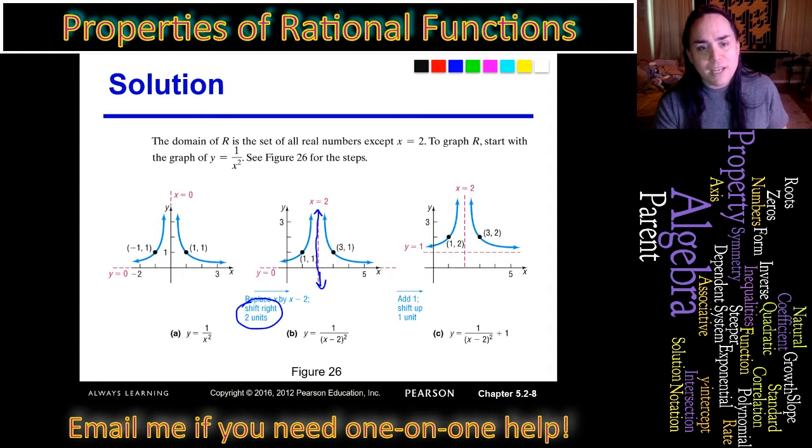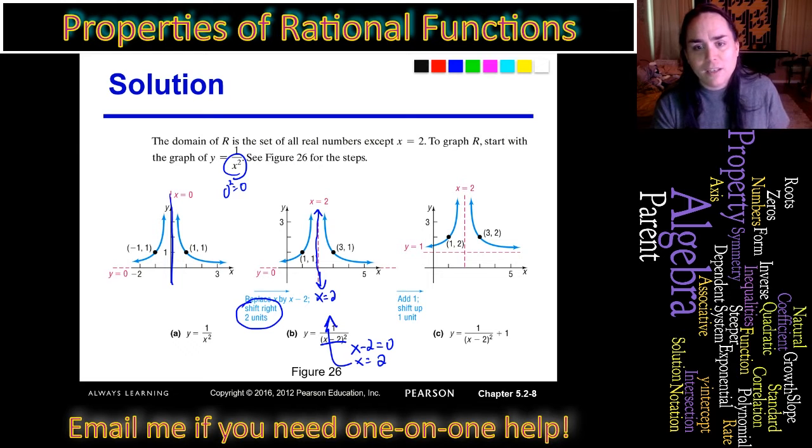It was at 0, because if I put in a 0 there, 0 squared equals 0. But when I replace it with x minus 2, what number minus 2 gives you 0? Well, it's a positive 2. So that is where my vertical asymptote is now. It's at x equals positive 2.